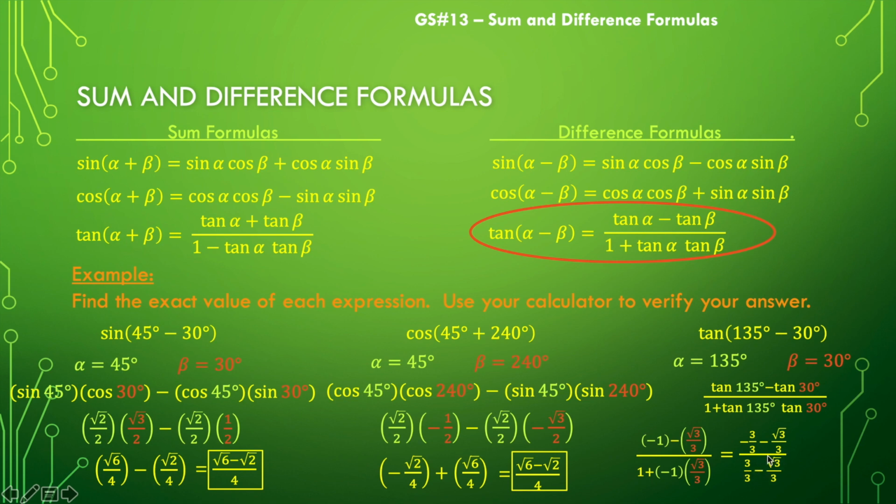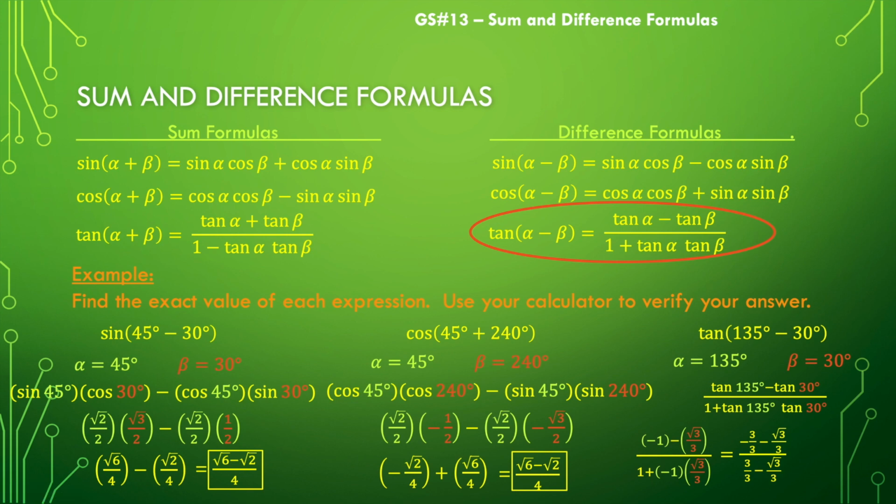And so the next step in cleaning this up, just in case you have a teacher that's going to want the simplified form here, when I clean this up, I am going to see that every term in the numerator and the denominator is divided by 3.